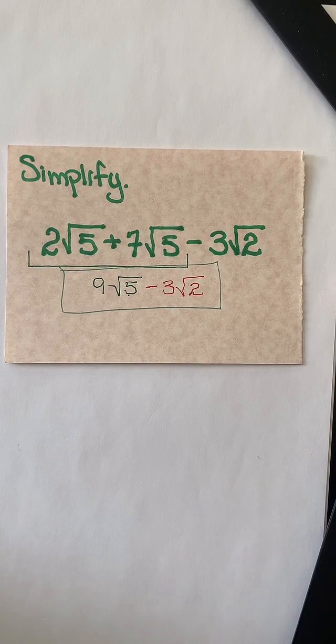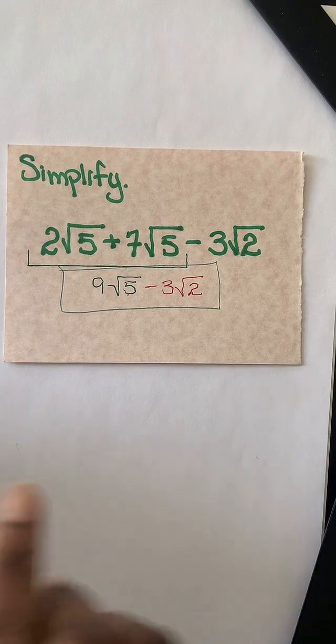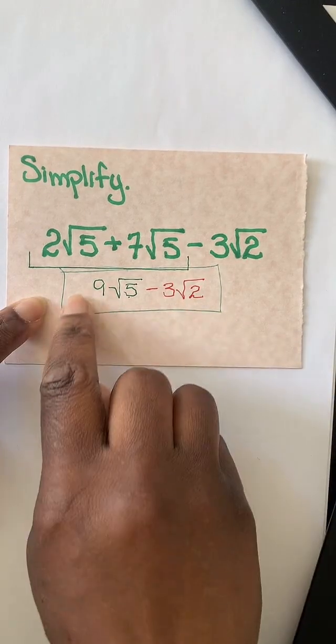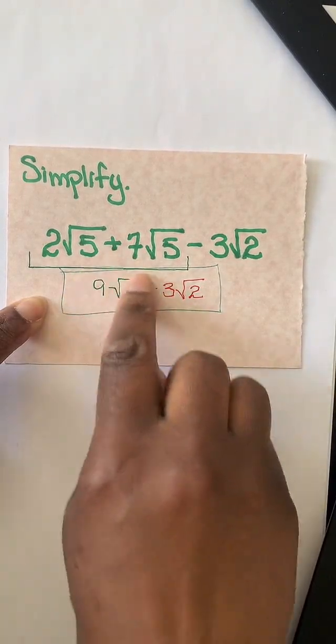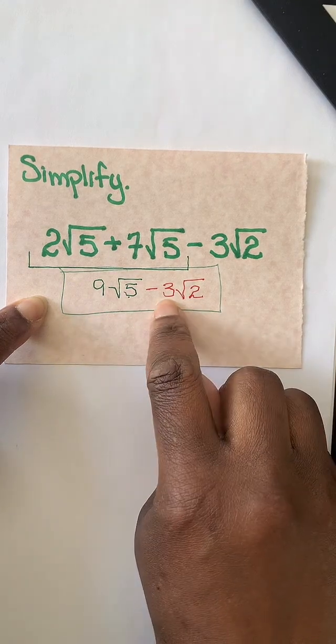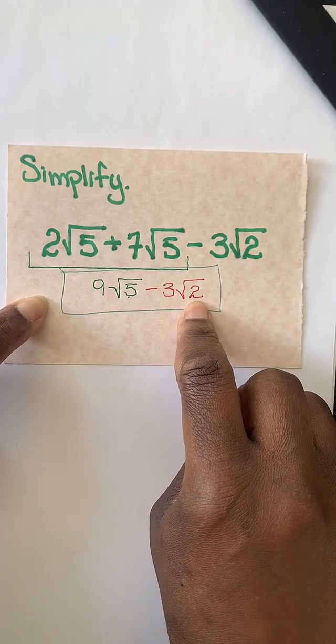Why can't we simplify more? We don't have the same radicals. Remember, this was 9 of the vanilla wafers, and this is 3 chocolate chips.